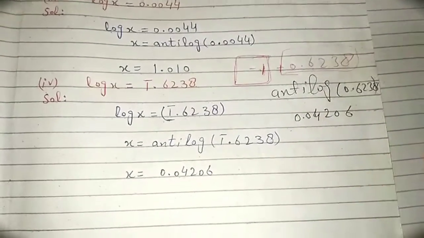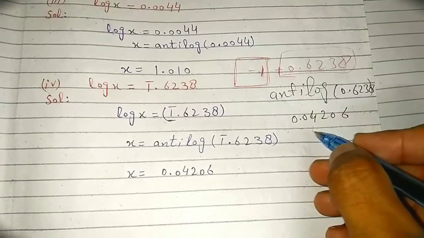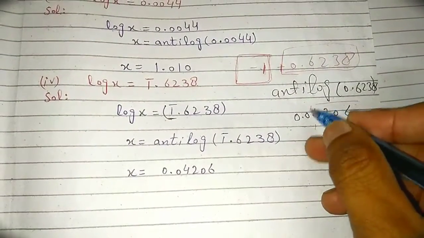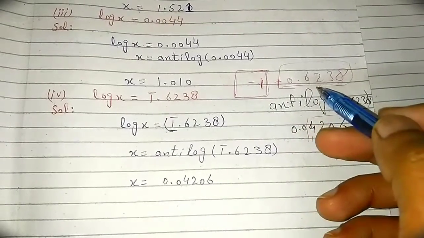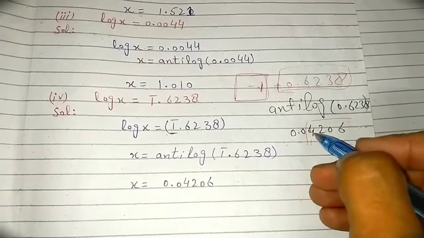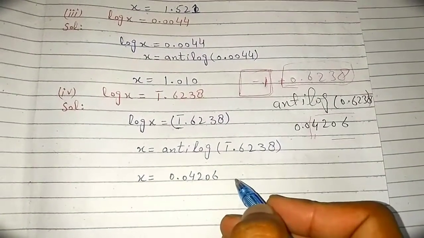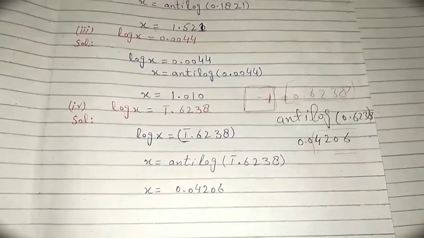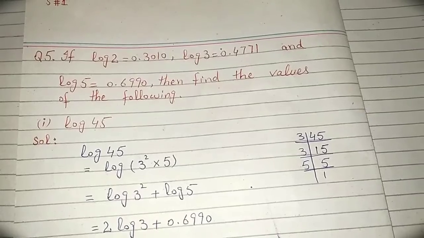So you have to find the anti-log of 0.6238, which will be 4206 from the calculator. Now we will find the characteristic, which will be minus 1 plus 1 equal to 0. So we have to put a 0 before 4206. So our answer will be 0.04206.